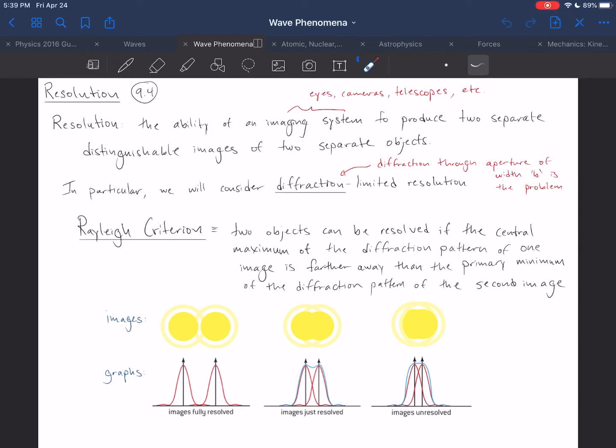First of all, we are considering at this point resolving two small things, or two small dots, point sources, from the perspective of the camera. We won't today consider the complexities that come with resolving an extended image. So we're considering two point sources.